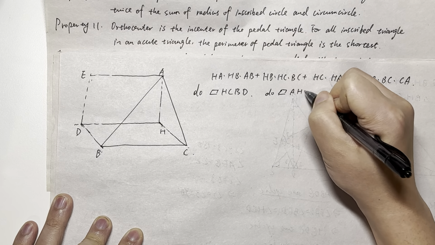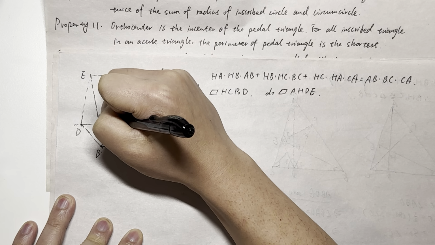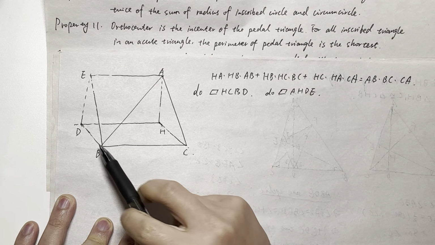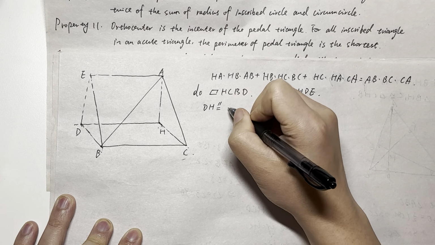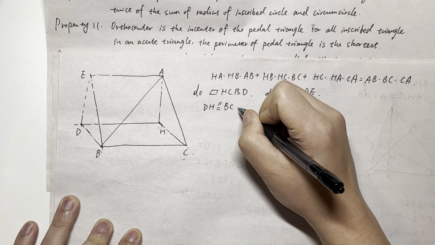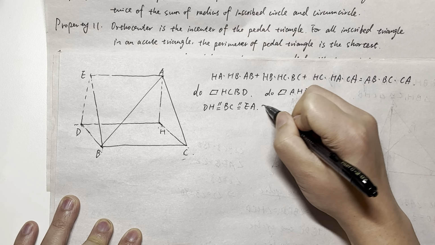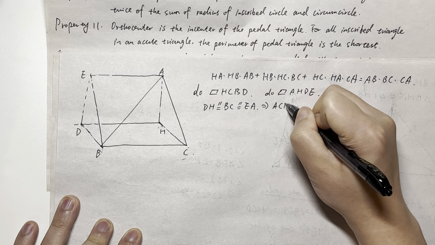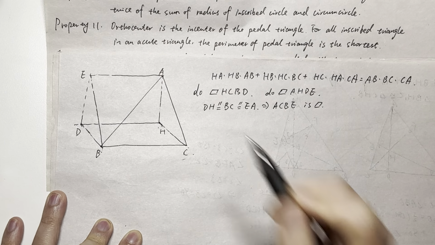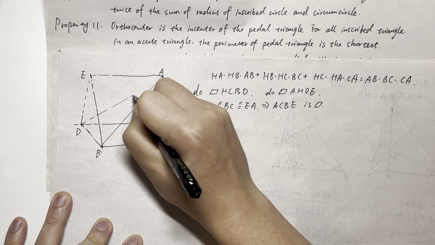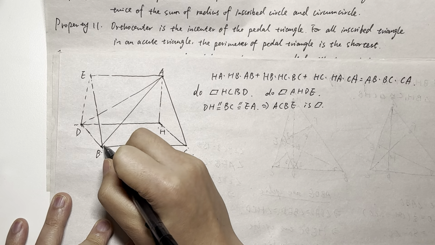So we have parallelogram AHDE. And then we connect EB. Notice that DH equals BC. So DH is parallel and equal to BC, and parallel and equal to EA. So we know that ACBE is a parallelogram as well. Then we connect AD here, and connect BH here.